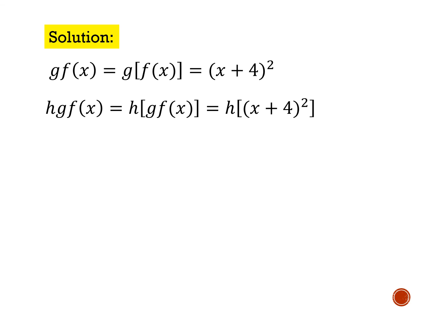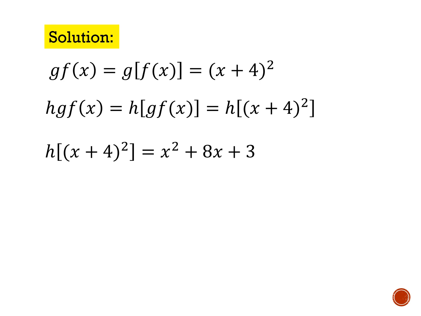Given the information in the question, h(g(f(x))) equals x squared plus 8x plus 3. So h((x plus 4) squared) equals x squared plus 8x plus 3.